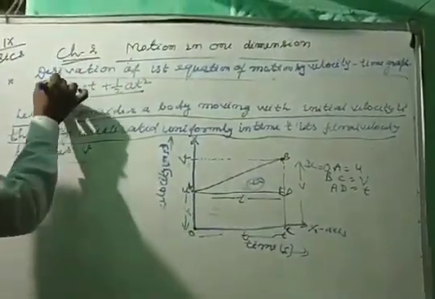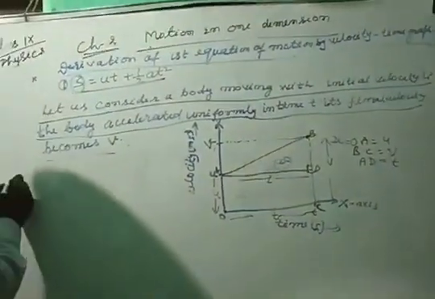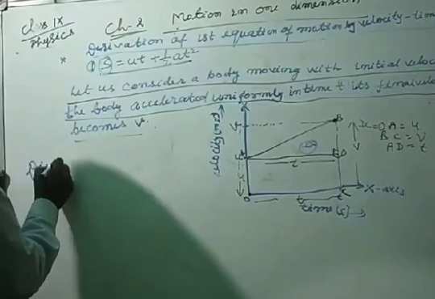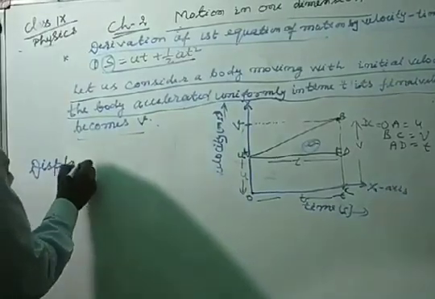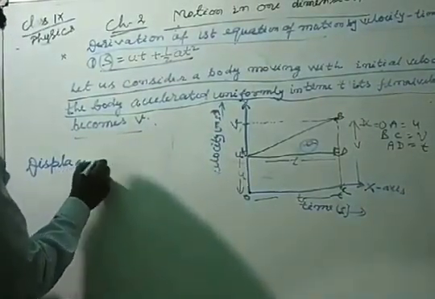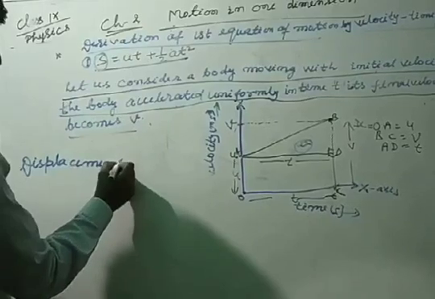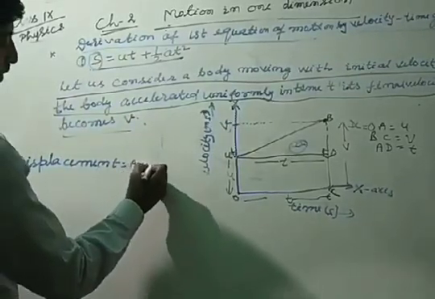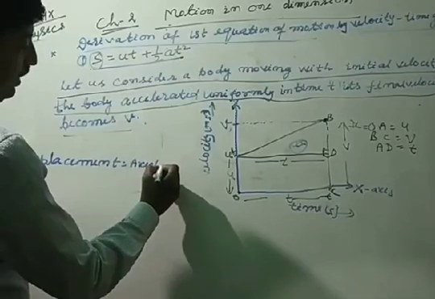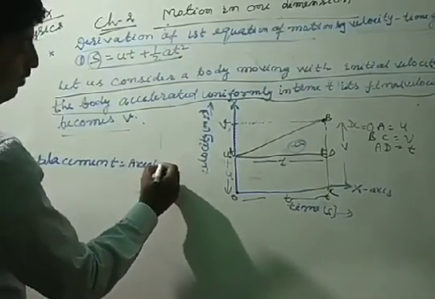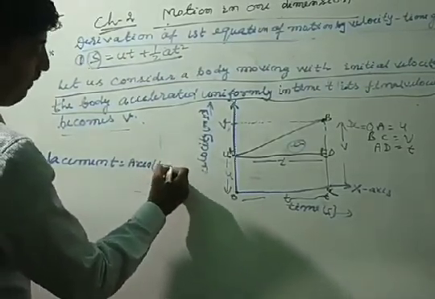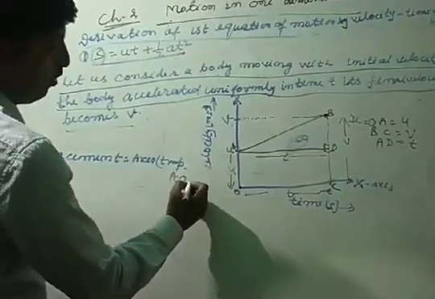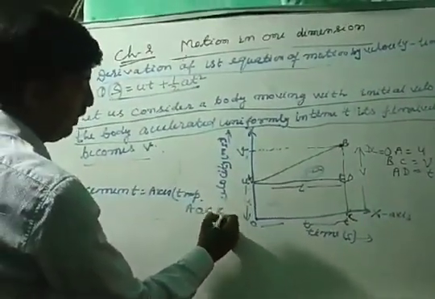Here s is displacement. So displacement is equal to the area of trapezium AOCB.